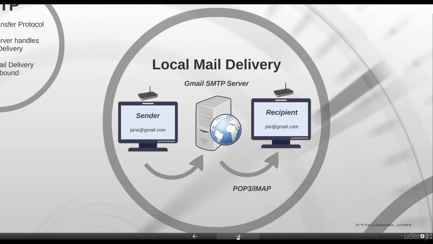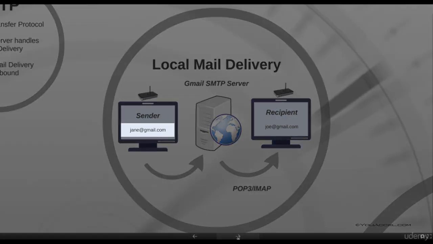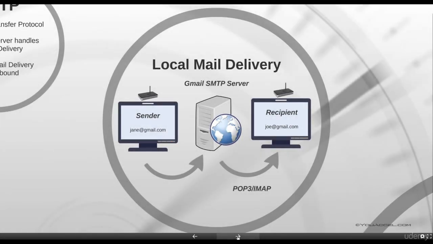The SMTP server would determine this email is intended for local mail delivery because the originating email domain, Jane@gmail.com, is the same as the recipient, Joe@gmail.com. This is done by separating the first part of the email from the email extension and comparing the results.